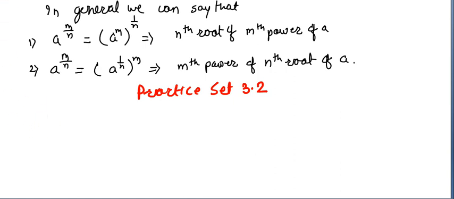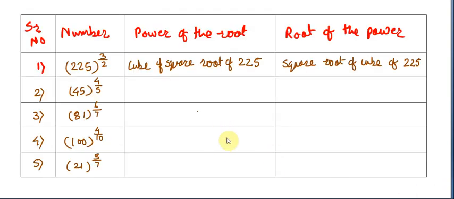So first we will see the first number, question number 1, and I will write it in table form. Now the table is ready. Such a type of table is given and the numbers are given and it is written as power of the root.